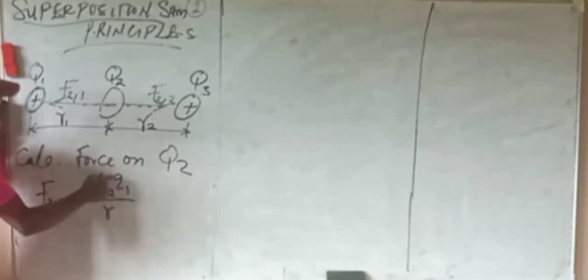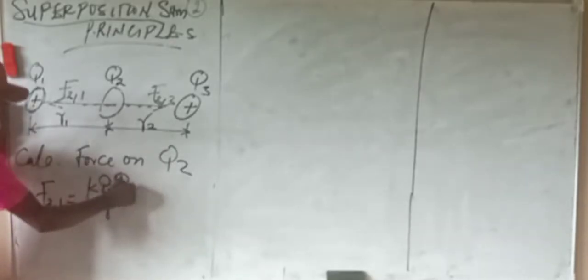So our F21 will be K Q1 Q2 over r squared. The Q is in capital letter. What is r? What is the distance between Q2 and Q1? It is r1 squared. So this is how you calculate the magnitude of the force. What about the other one?